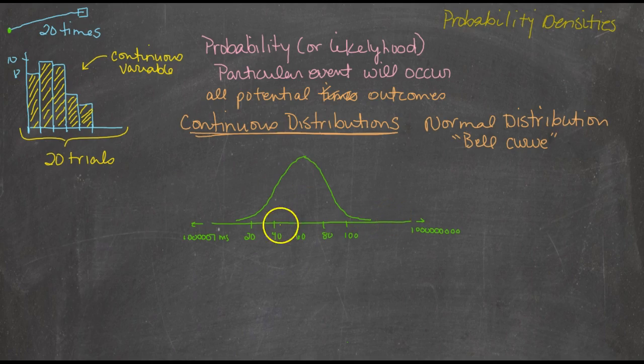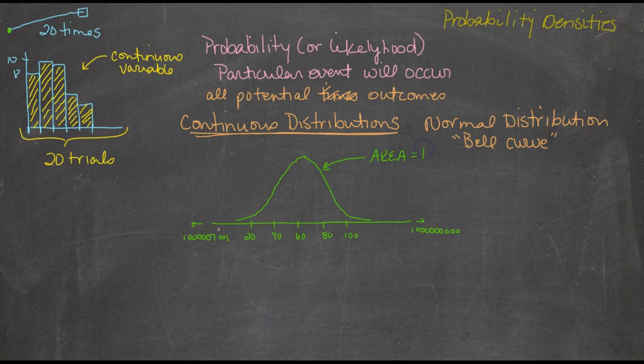If I were able to take the area under the curve, it represents every possible possibility of occurrence for an event. So since everything is encompassed in the area under this curve, we can say that the area under this curve equals 1.